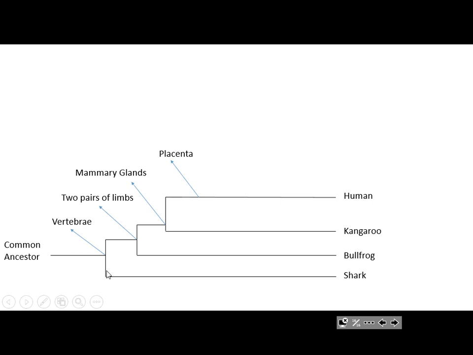Okay? So basically what we're saying here, that over many, many years, that somehow this water animal adapted to be land animals, right?